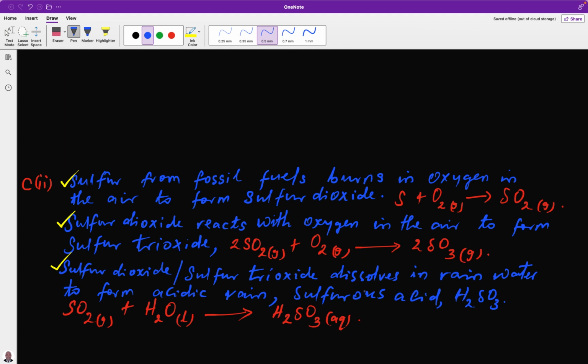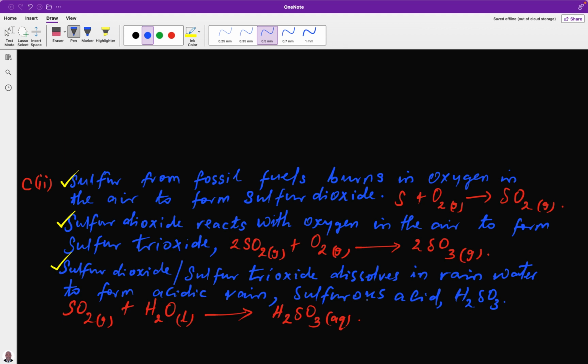This is the equation. So sulfuric acid is what we call the acid rain. This is how they are formed. For the purpose of revision, when fossil fuels are burnt, they produce sulfur. The sulfur that is produced burns in oxygen to form sulfur dioxide. The sulfur dioxide will react with oxygen in the air to form sulfur trioxide.